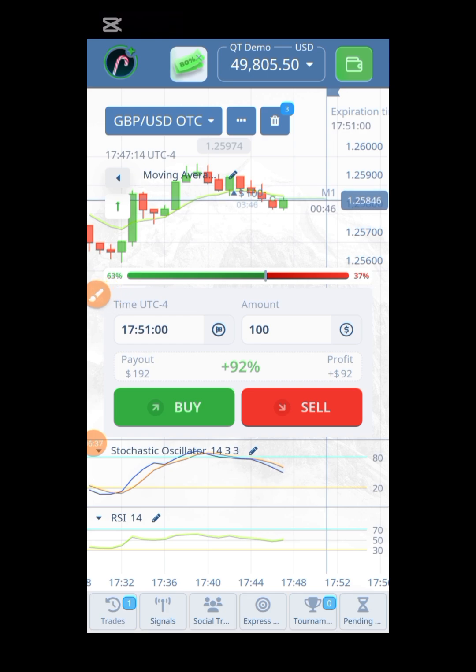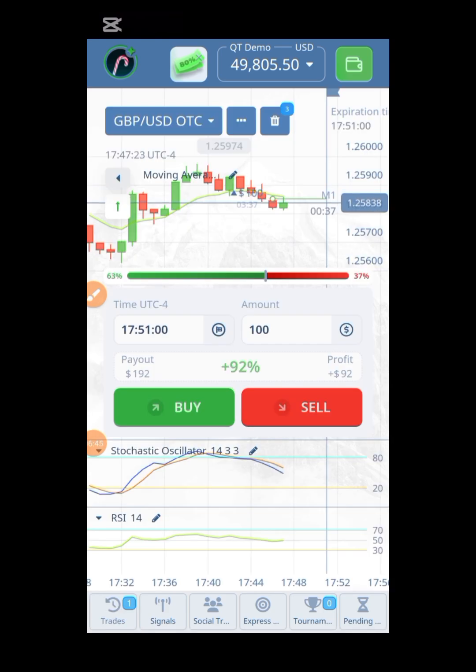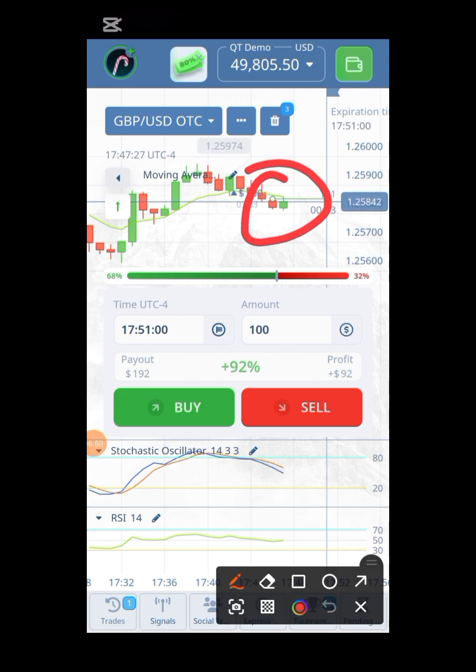We are waiting to see whether we are in a good position or we are going to be losing. As you can see, it is losing. Its level is small. We are going to be going high. We are waiting to see whether we are losing or gaining.